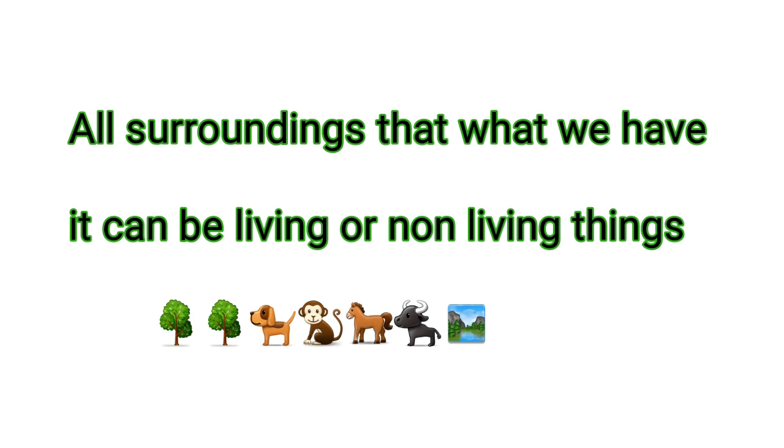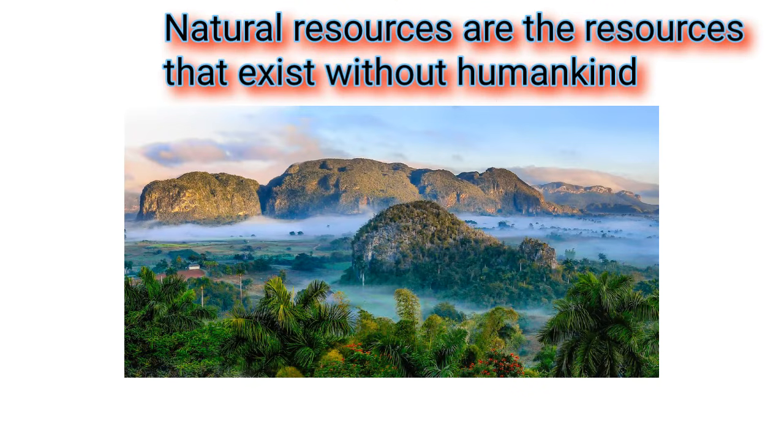Natural resources are the resources that exist without any action of humankind. That means they are naturally formed, not by humankind. Please remember, natural resources are formed naturally, not by humans.